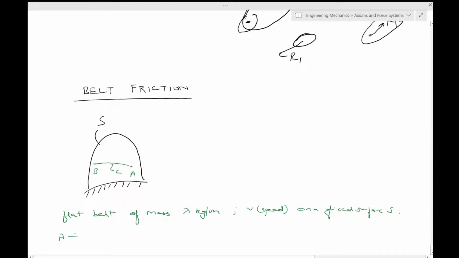So A is the slack end, or so-called slack side, and B is the end of contact.